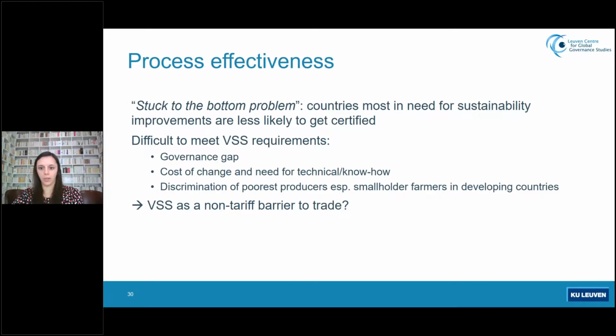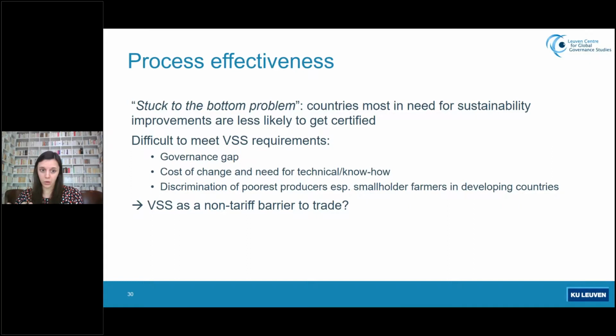They need technical capacity and know-how in order to be able to comply with the VSS standards. And in comparison, in developed countries, there are usually more regulations in place already. So producers are mostly used to already meeting certain standards of production. So complying with VSS requirements is actually easier for them.